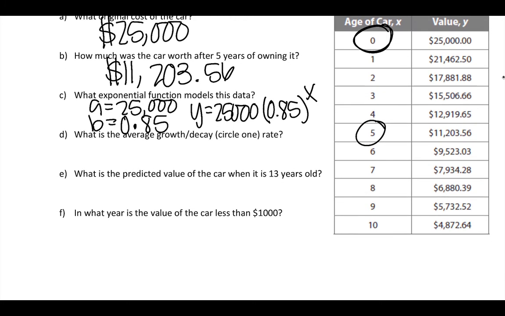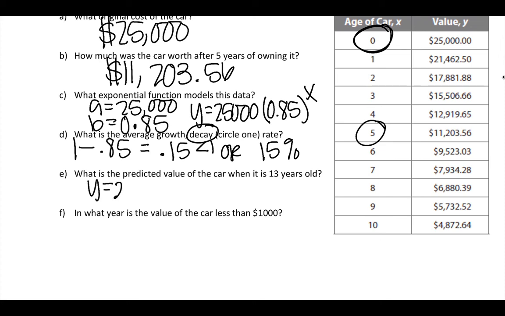So since it's less than 1, it's going to be a decay. And to find the rate, I do 1 minus, because it's a decay, 1 minus 0.85 is 0.15, or 15%. And it wants to predict a value when the car is 13 years old. So again, I'm just going to plug in using my function, 0.85 now to the 13th.